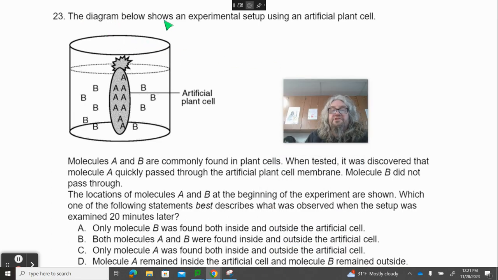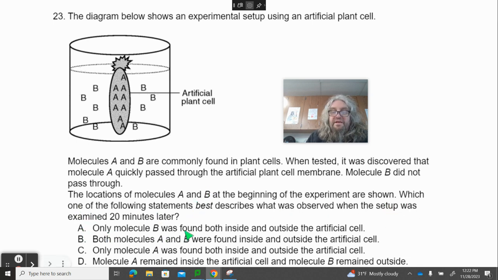Number 23. The diagram below shows an experimental setup using an artificial plant cell. Molecules A and B are commonly found in plants. When tested, it was discovered that molecule A quickly passed through the artificial plant cell membrane. Molecule B did not pass through. The locations of molecules A and B at the beginning of the experiment are shown. Which one of the following statements best describes what was observed when the setup was examined 20 minutes later?